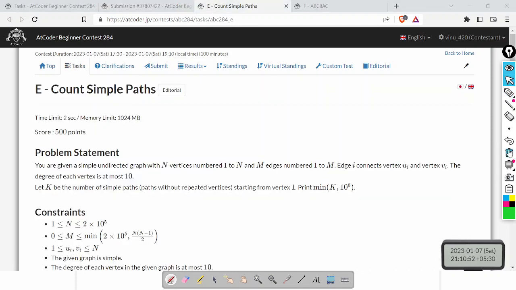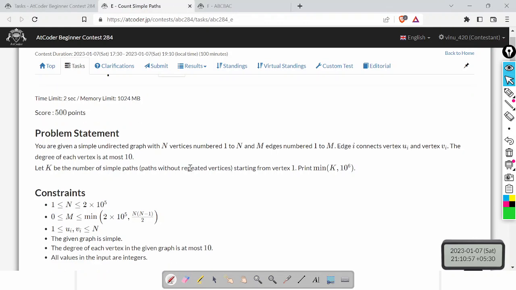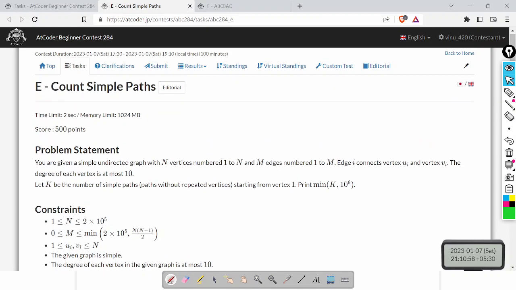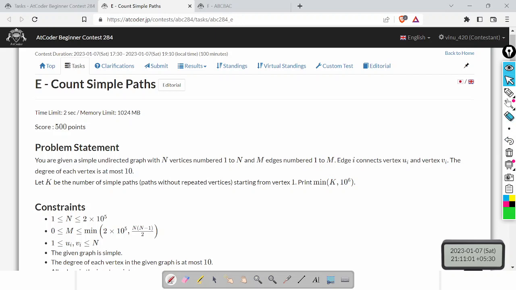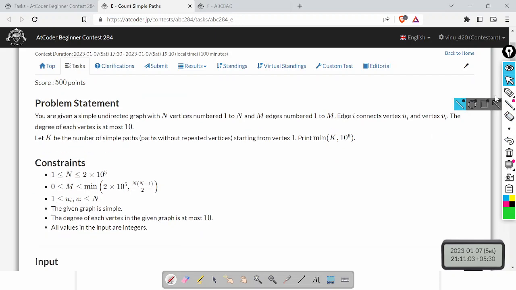Right, the next question is count simple paths. Here we are given an undirected graph of n vertices and m edges, where the i-th edge connects vertices ui and vi. The degree of each vertex is at most 10.